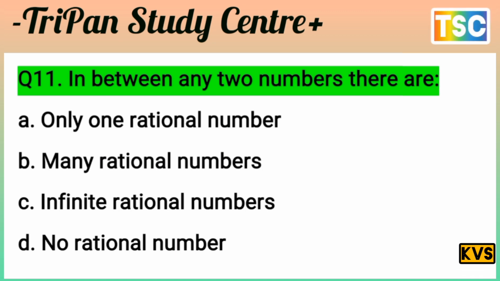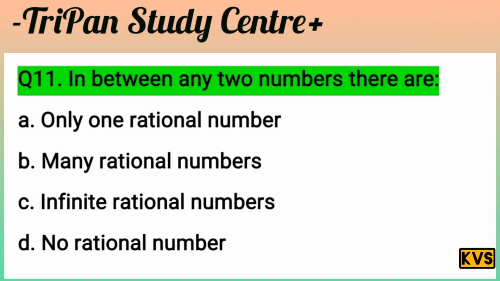Let's see what the answer of this question is. In between any two numbers there are infinite rational numbers, which means C is correct.